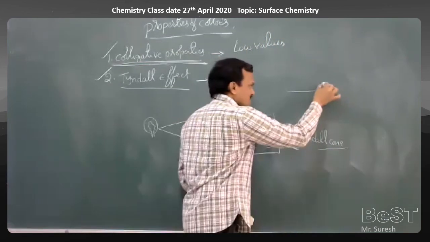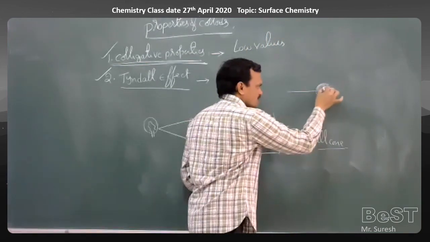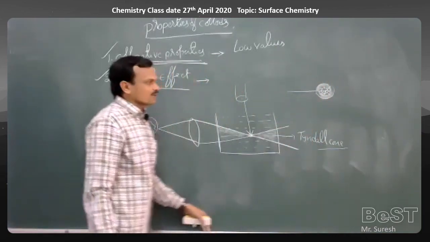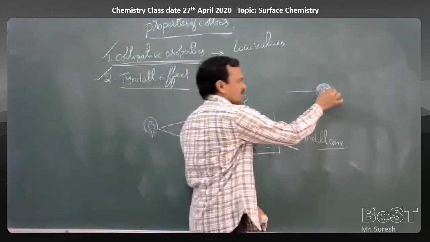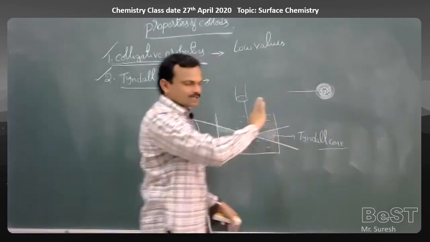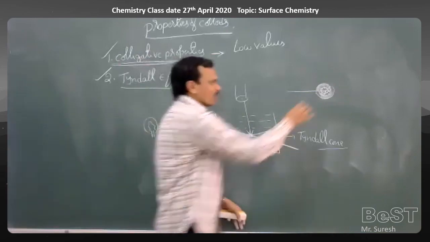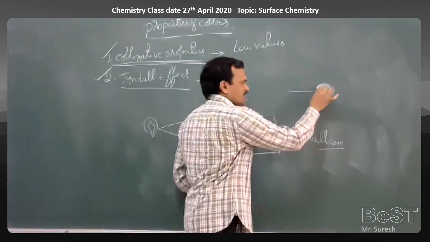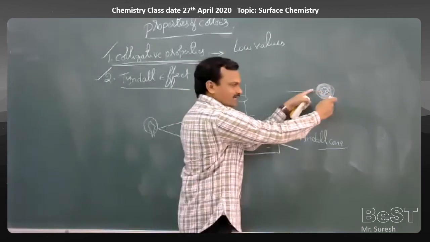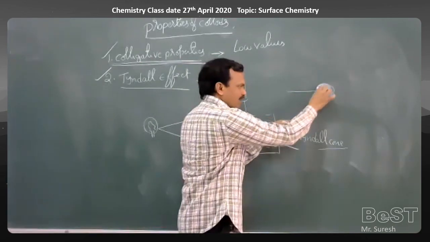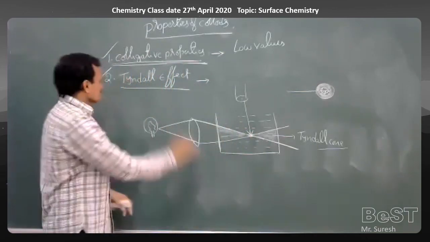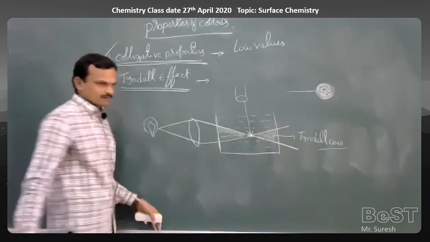The bright layer around this dust particle is called the aureole. The aureole of the light is what we are able to see, not exactly the size of the particle. What is visible to our eyes is not exactly the size of the particle, but the aureole of light present around it. So because of the scattering of light, this particle appears bright. This is what is called the Tyndall effect.